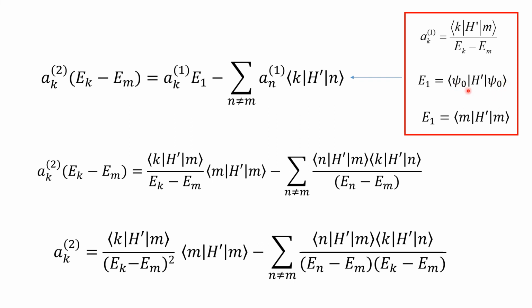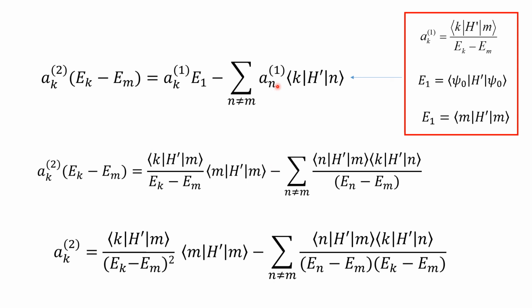We know psi_0 is the initial unperturbed wave function, which is equal to u_m. In Dirac notation, it can be written simply as <m|H'|m>. That's what I have done here. You substitute this here for a_k^(1): that is <k|H'|m> over (E_k minus E_m), and E_1 is <m|H'|m>.